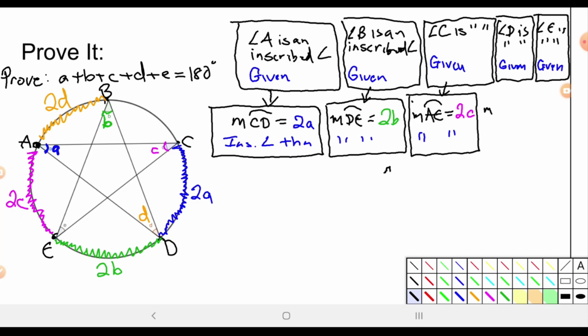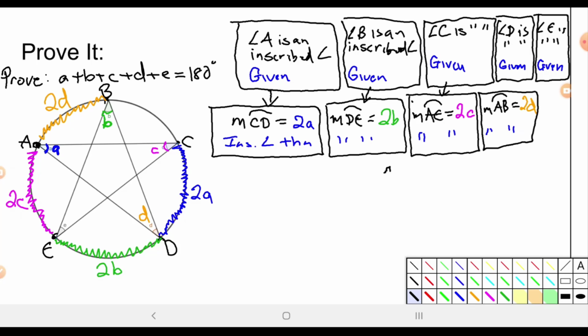So the measure of arc AB is equal to 2D, and I'm running out of room again. What's your reason? We need a reason. Same reason. Inscribed angle theorem.